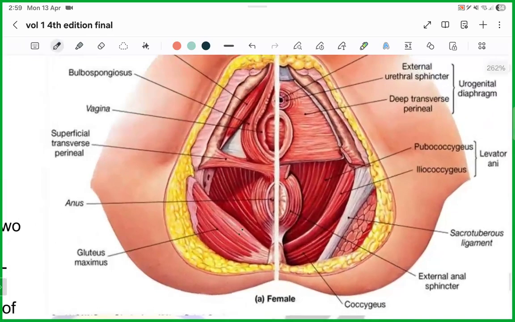See, this is our ischiorectal fossa. This place is open. So if we have an abscess here, we call it an ischiorectal abscess. And this will be a horseshoe-shaped abscess.